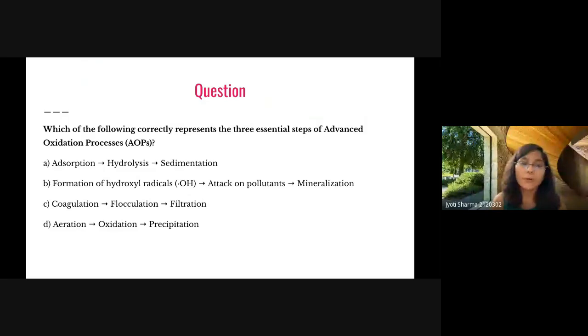Okay, which of the following correctly represents the three essential steps of advanced oxidation process? Adsorption, hydrolysis, sedimentation; formation of hydroxyl radical, attack on pollutant, mineralization; coagulation, flocculation, filtration; aeration, oxidation, precipitation.